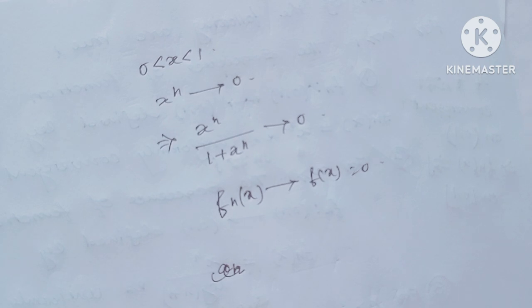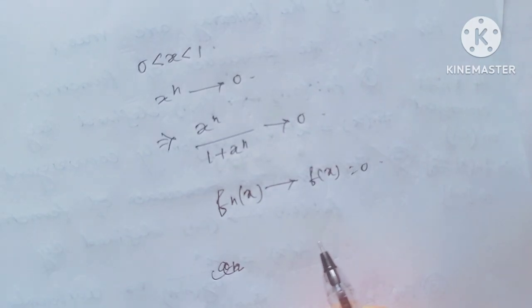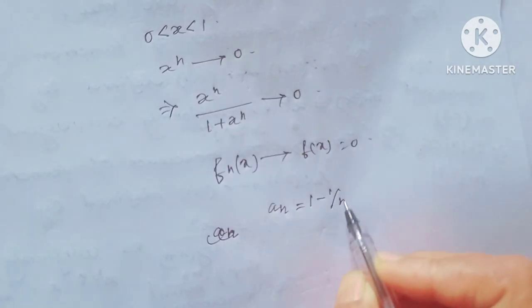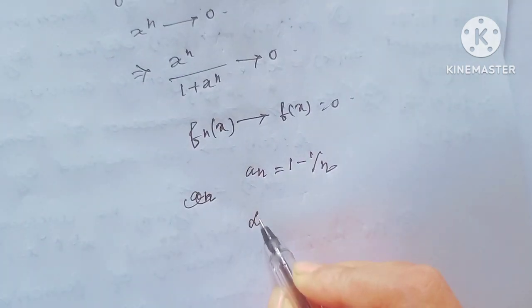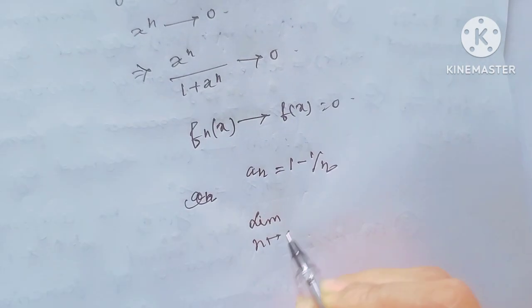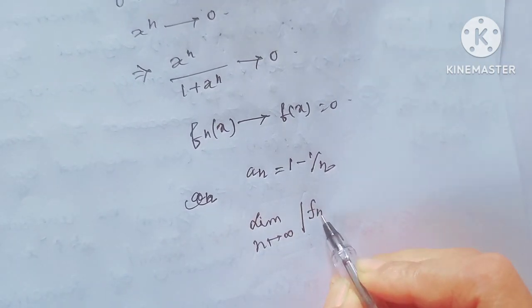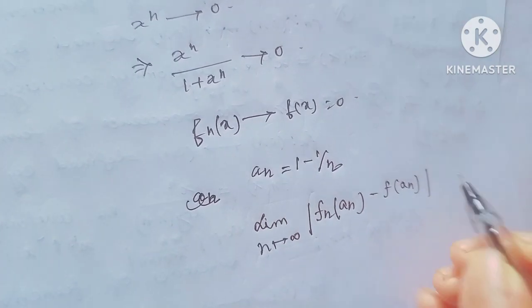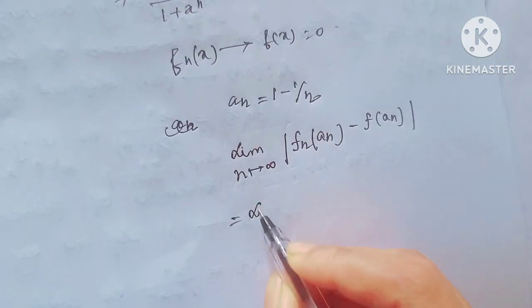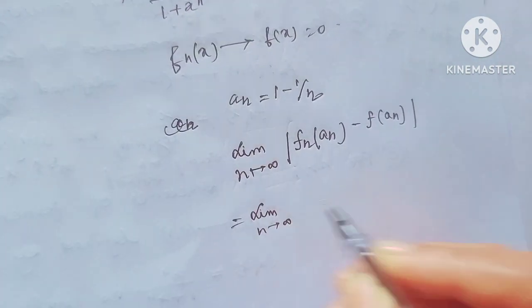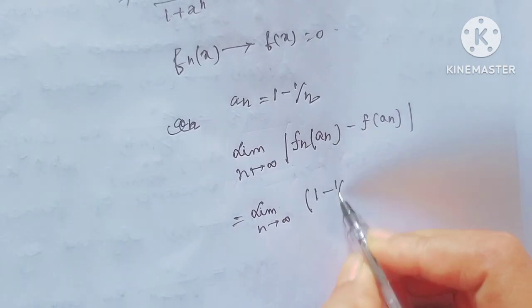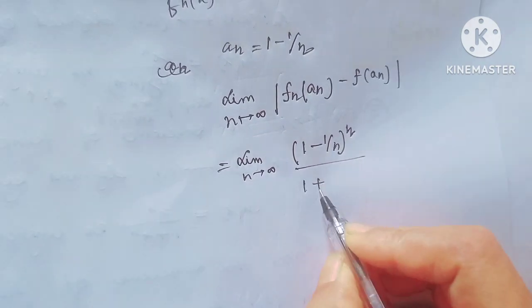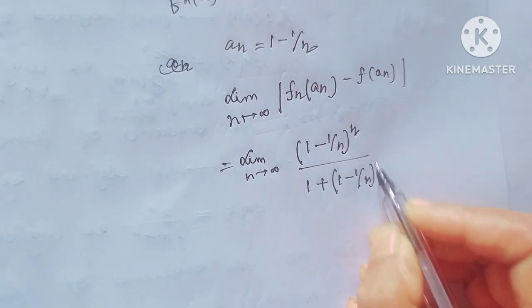For this, consider a subsequence an equal to 1 minus 1 over n. Then the limit as n tends to infinity of fn(an) minus f(an) is the limit of (1 minus 1/n) to the power n divided by 1 plus (1 minus 1/n) to the power n.